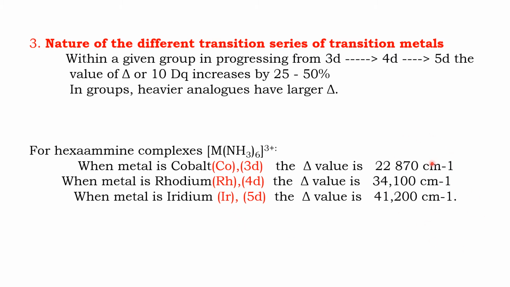See the values of 10Dq. The 10Dq value increases from 22,000, then to 34,000, then to 41,000. So we could say when we move from top to bottom in the same group, that is from 3d to 4d to 5d series, the 10Dq value increases.